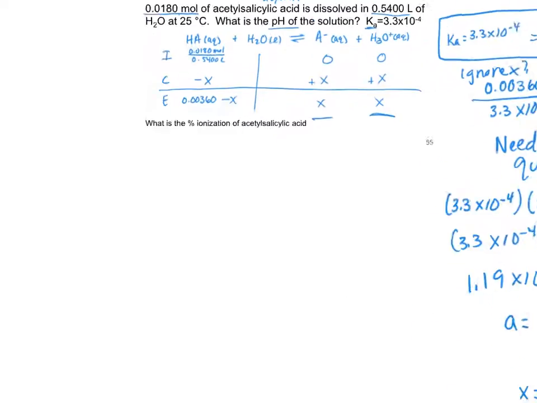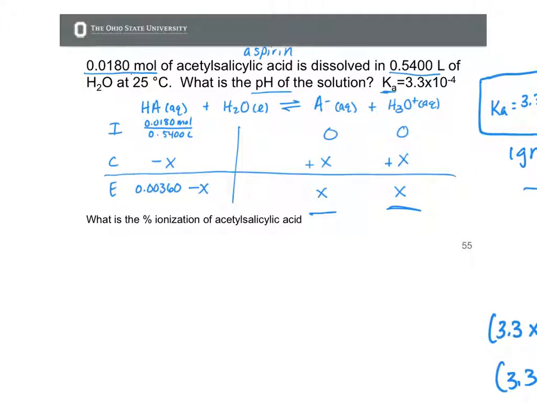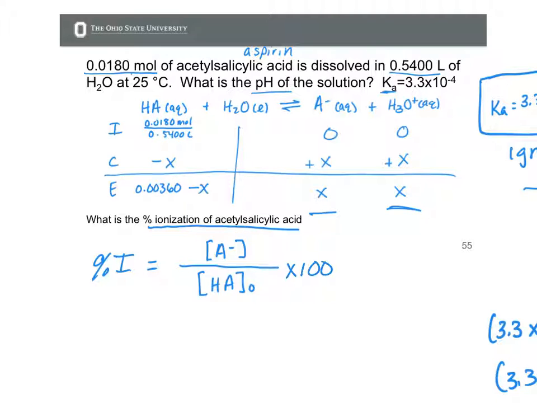The other part of the problem, I'll zoom back in over here, is to find the percent ionization of acetylsalicylic acid. The percent ionization, I'm just going to abbreviate that as percent I, is equal to the amount of conjugate base, A minus, divided by the initial concentration of weak acid times 100 to get the percent.